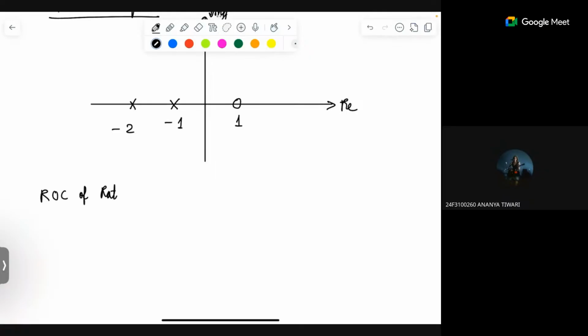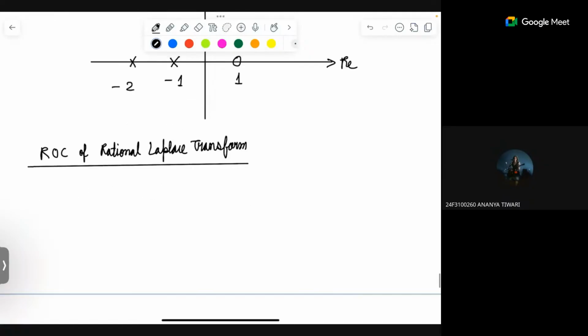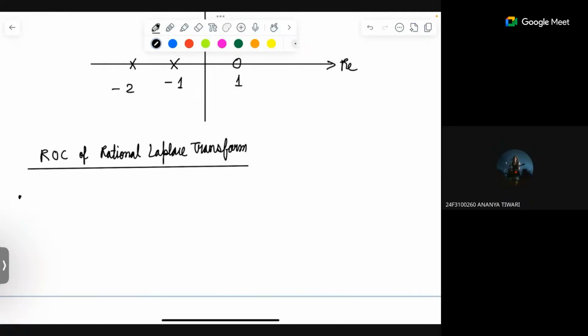ROC of rational Laplace transform. For a rational Laplace transform, there are no poles inside the ROC.